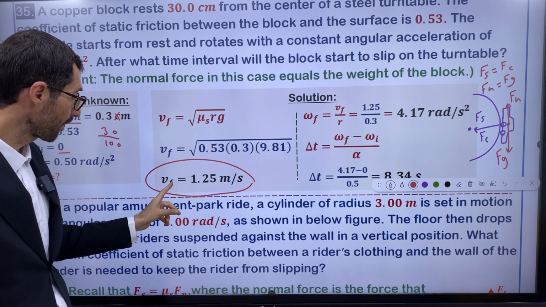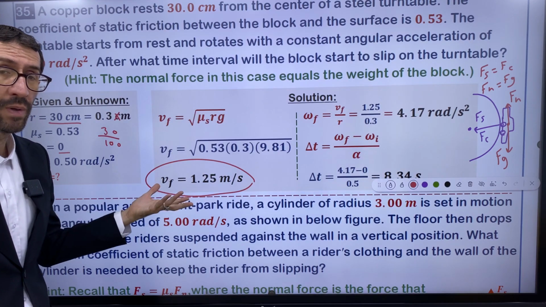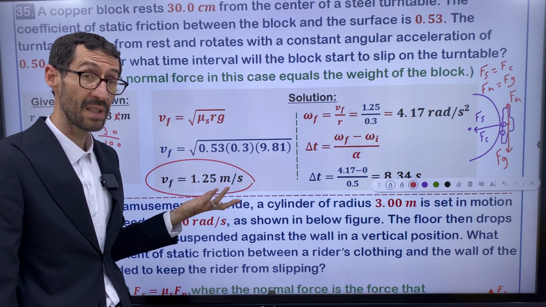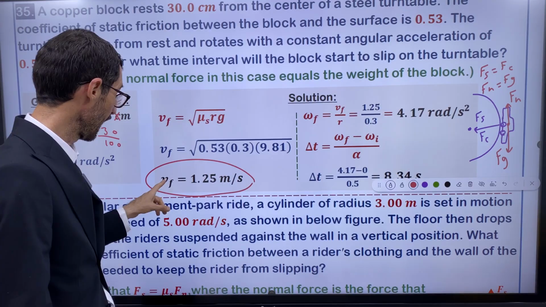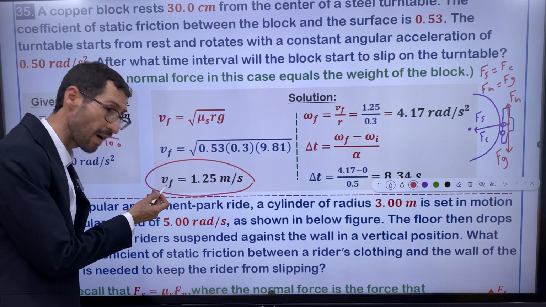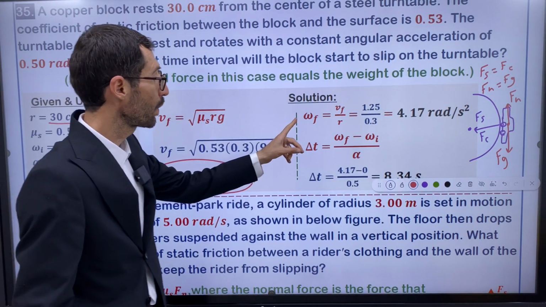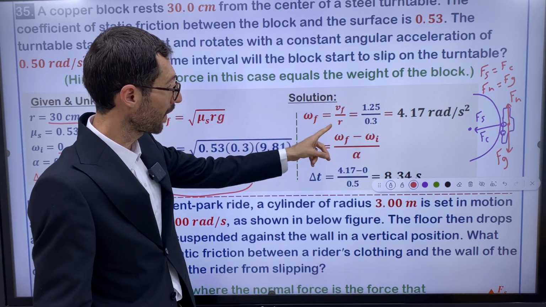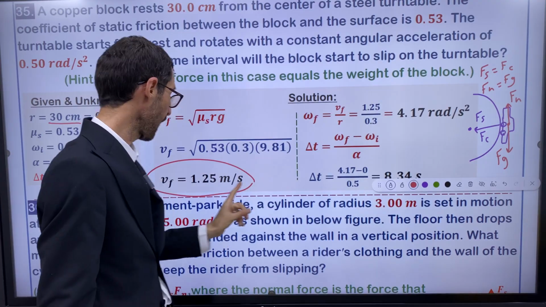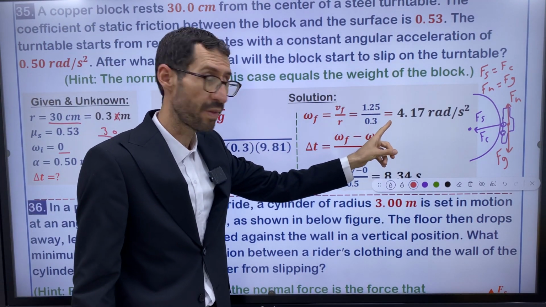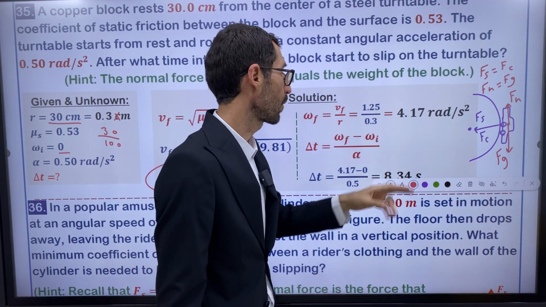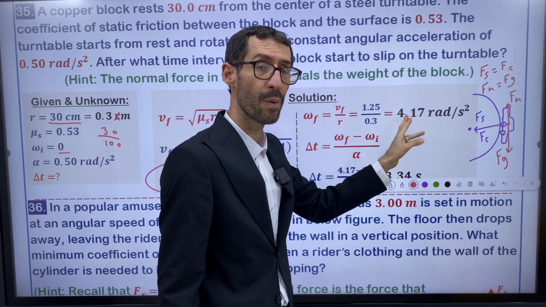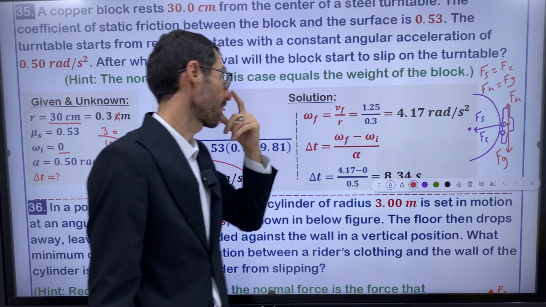How do you convert tangential velocity to angular velocity, angular speed? By dividing this value by r. So omega f is equal to Vf divided by r, 1.25 divided by 0.3 meters, and this is the answer, 4.17 rad per second.